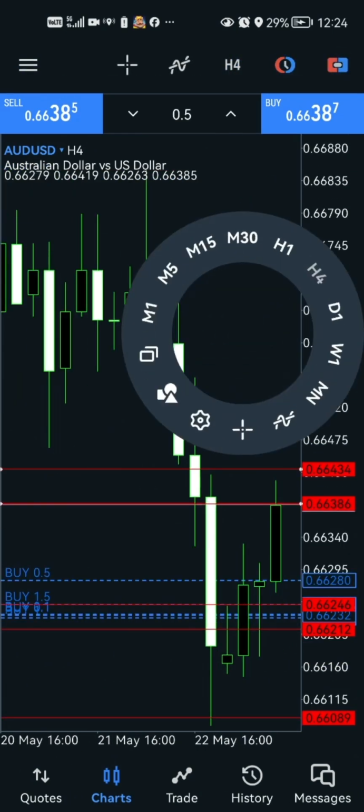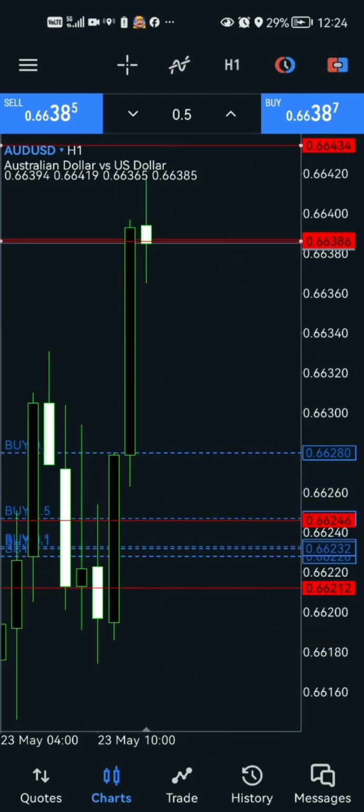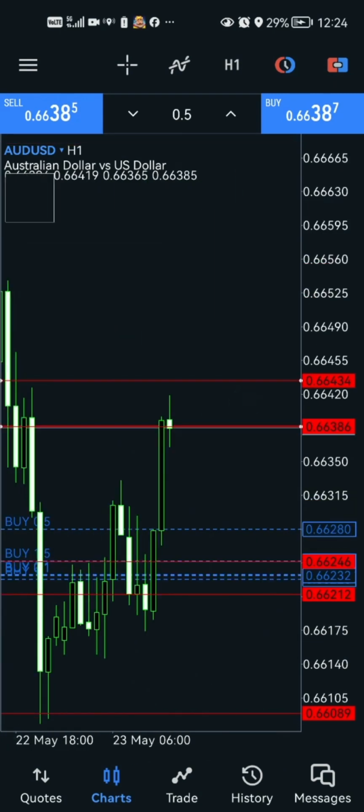As you can see, it's between these two current spaces here. But because you see down there, that level, the price might come down to here before continuing to go up.